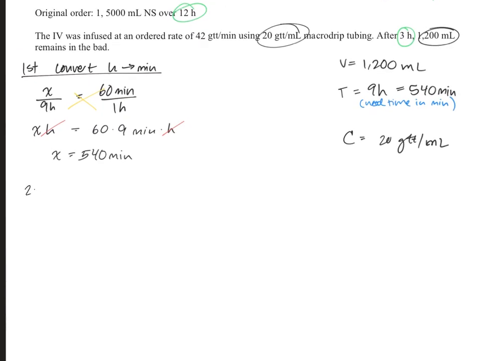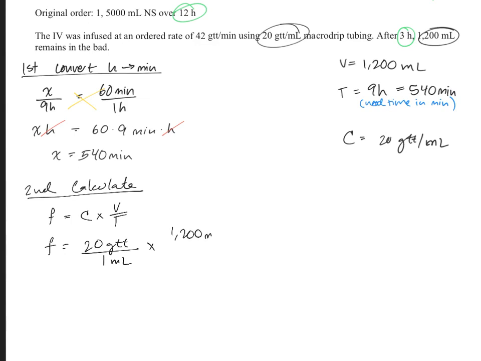So second, we're going to calculate. Our formula, F equals C times V over T, which is going to equal, so C is 20 GTT in 1 milliliter times the volume, 1,200 milliliters, all over the time. Remember we're using the minutes here.